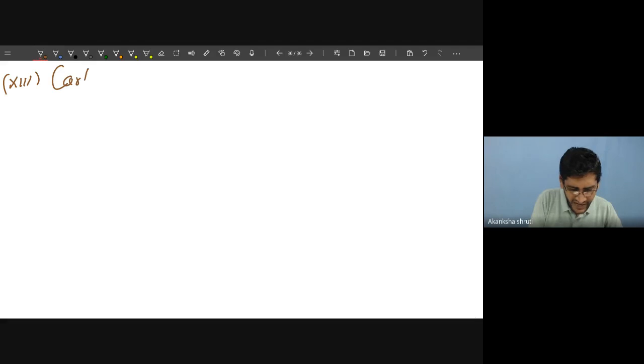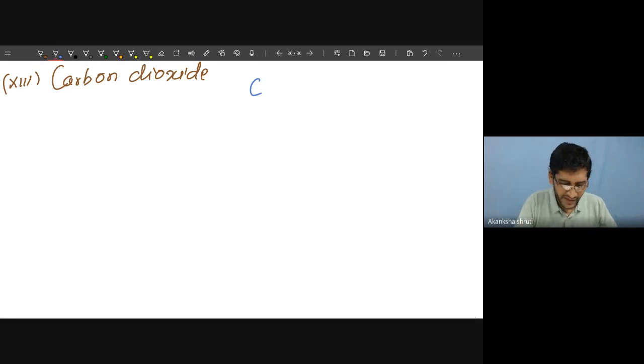It is our carbon and dioxide. So I need to keep in mind how is carbon and how is oxygen. For a moment you just forget the negative and positive. What is the valency for oxygen? It is 2. For a moment you just leave the minus sign. For carbon, what is the valency? It is 4.